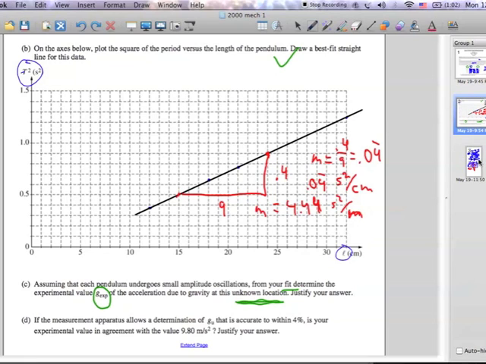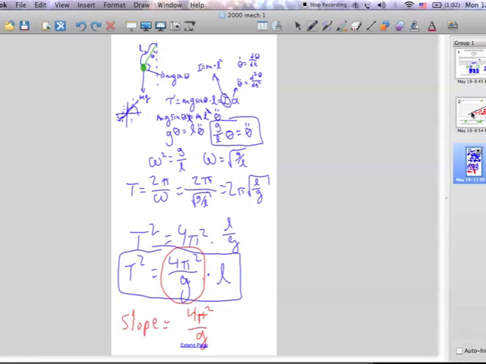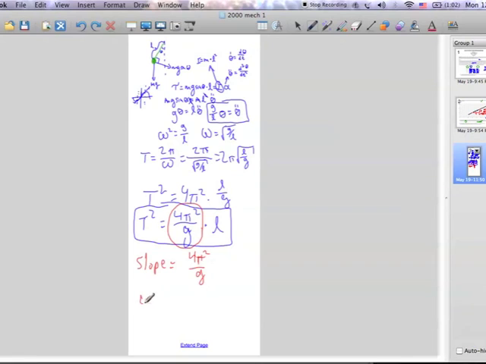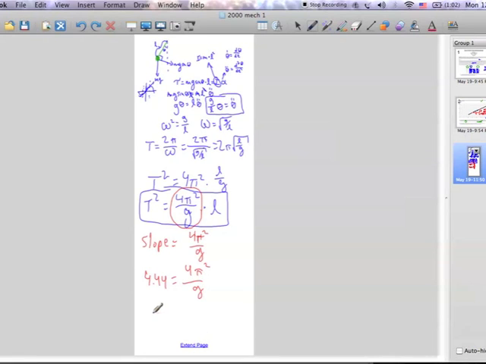And so we can put that back in here. So 4.44 equals 4 pi squared over g. So g equals 4 pi squared over 4.44.